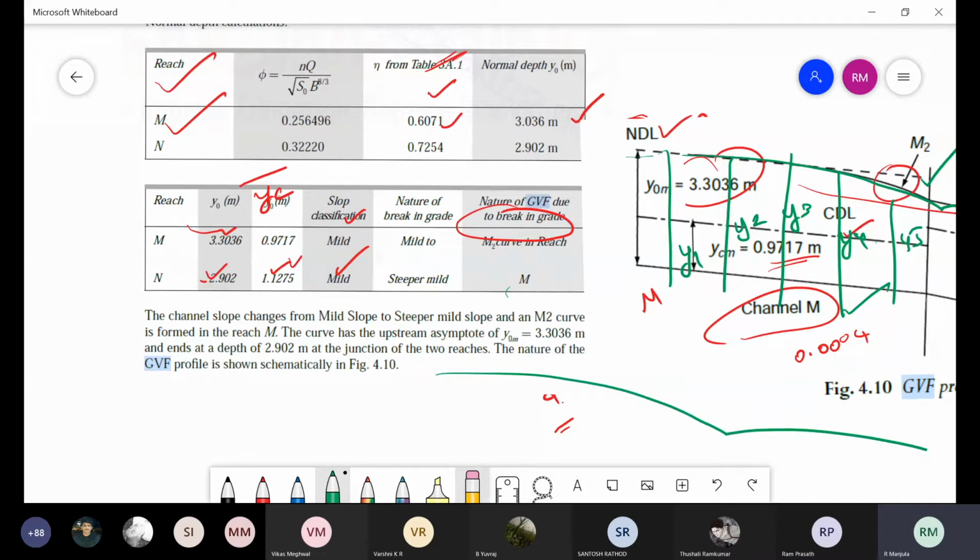So this computation of the profile at various intervals all along the gradually varied flow is nothing but computation of the GVF profile. So how are we going to compute the GVF profile?